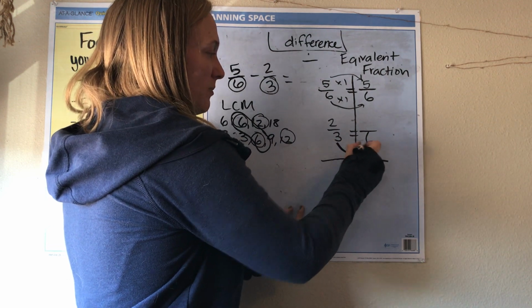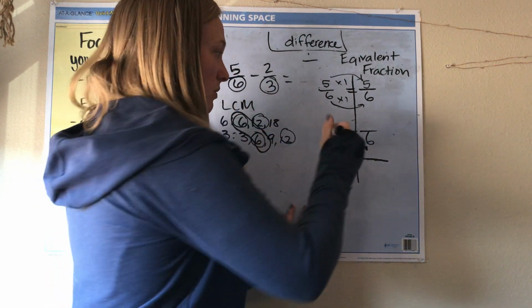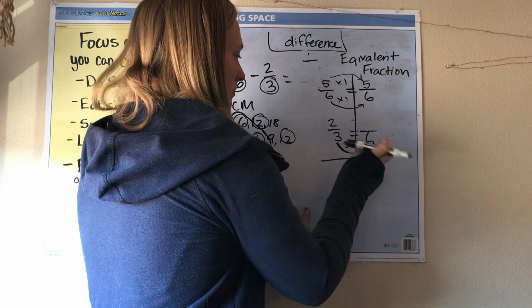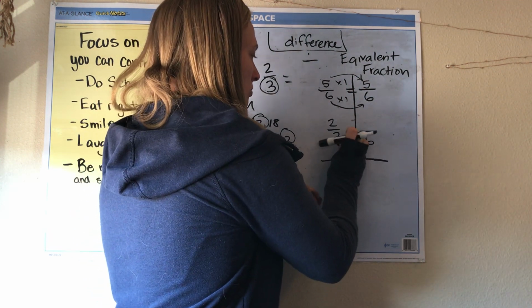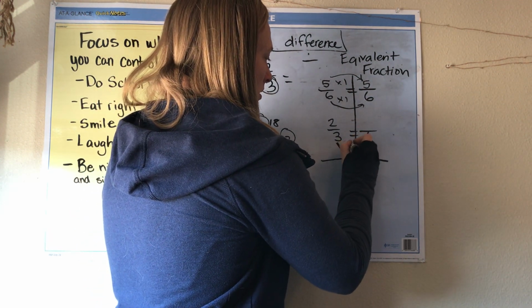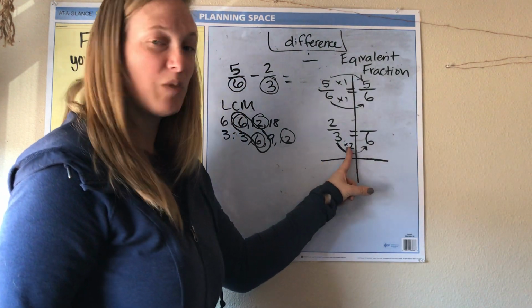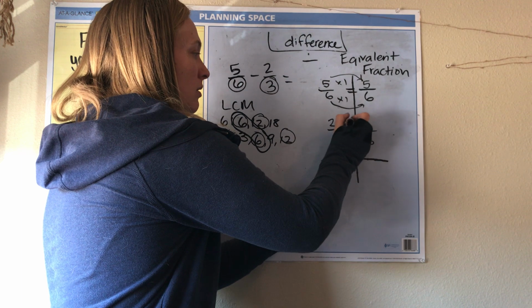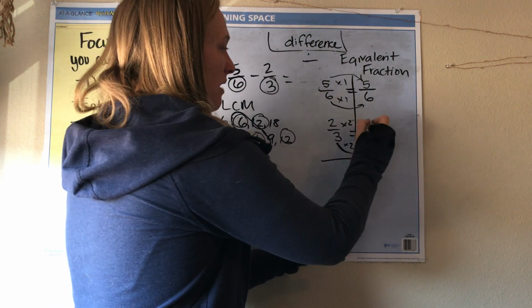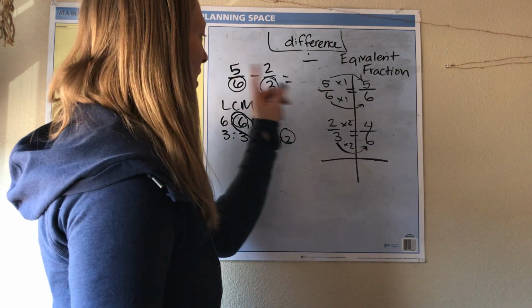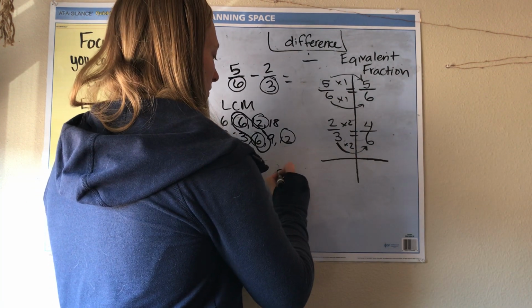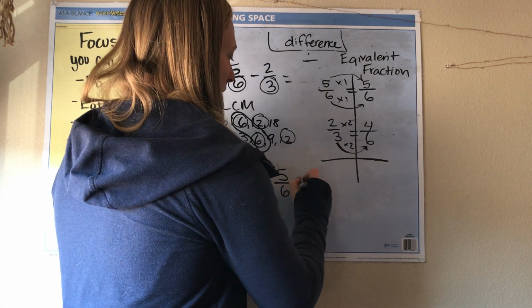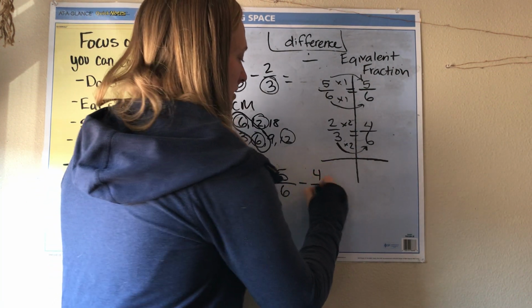Going from 3 to 6 in my denominator, I'm multiplying by 2. Oops, sorry, wrote 3. Okay, if I am keeping this equivalent, I have to multiply by 2 in my numerator. 2 times 2 gives me 4. I'm subtracting 5/6 minus 4/6.